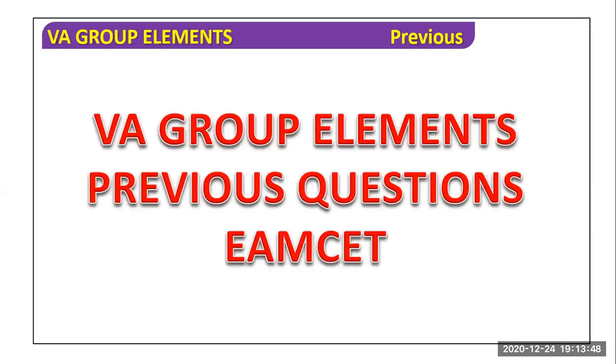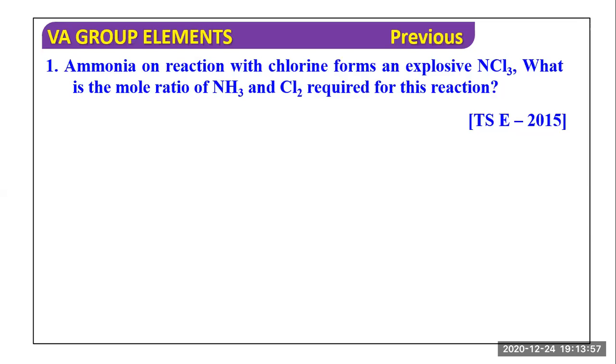There are so many questions for other exams also, beyond JEE Mains. The first question: ammonia on reaction with chlorine forms an explosive NCl3. What is the mole ratio of NH3 and Cl2 required for this reaction?